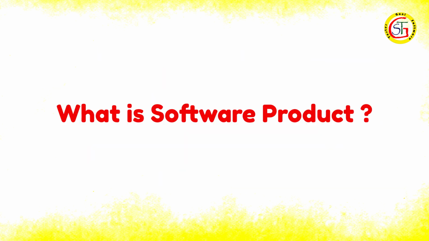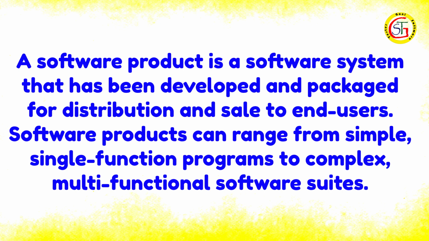What is a software product? A software product is a software system that has been developed and packaged for distribution and sale to end users. Software products can range from simple, single-function programs to complex, multifunctional software suites.